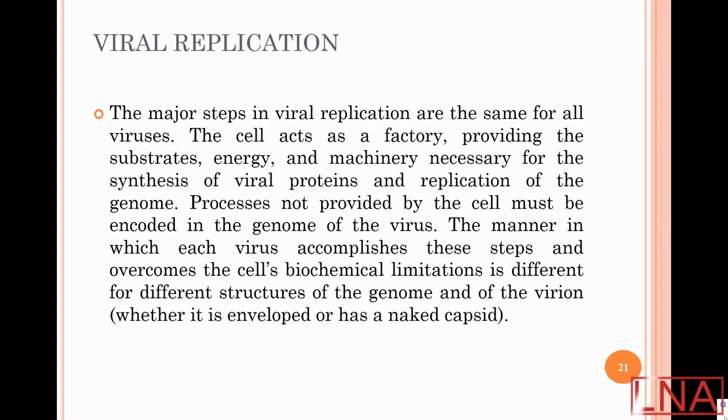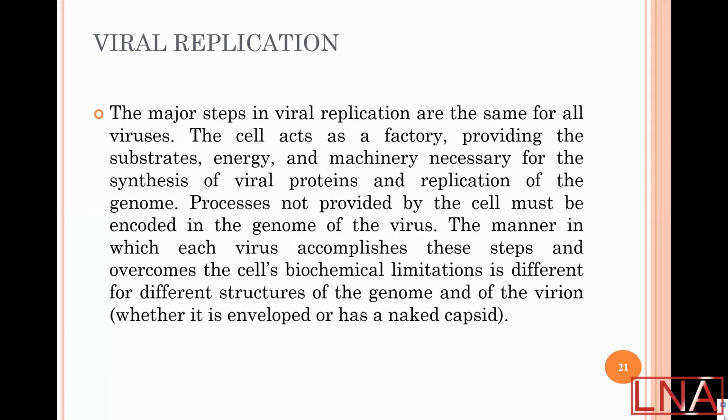Processes not provided by the cell must be encoded in the genome of the virus. So if the virus loses control, the virus will die. A virus can lose the control because it lost some piece of a gene. Such an infection we call abortive infection, when the virus infects the cell and then can't do anything.